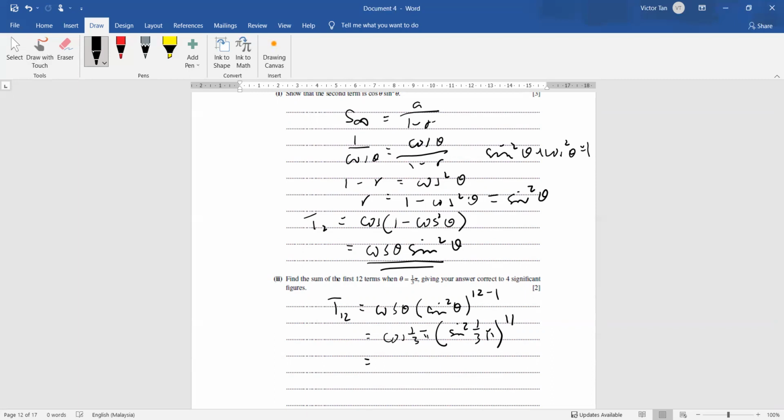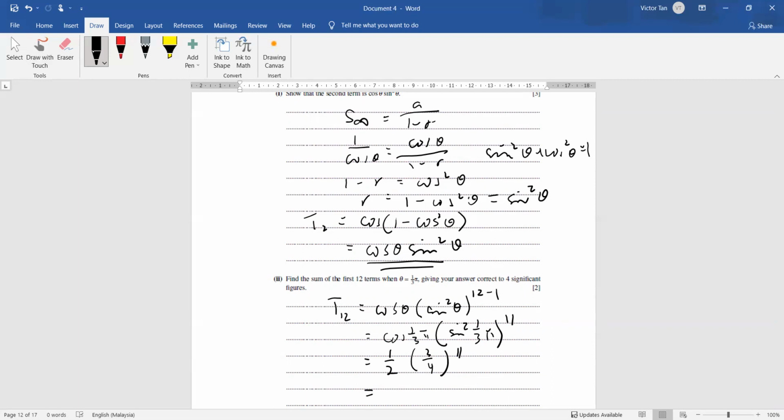So cos 1 over 3 pi is half. Sine 1 over 3 pi is root 3 over 2, squared. You get 3 over 4 to the power of 11. So you're also required to know the common angles, the value of sine, cosine, tangent of the common angles.